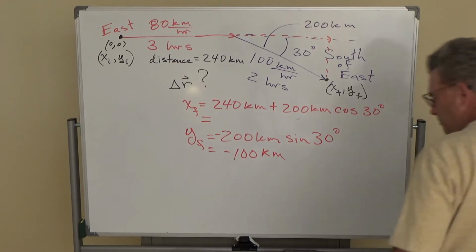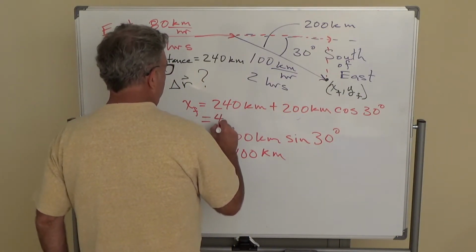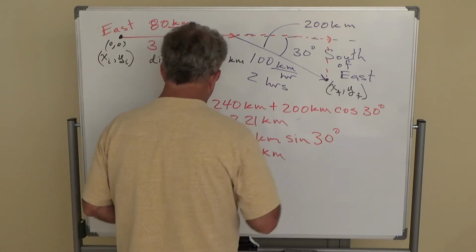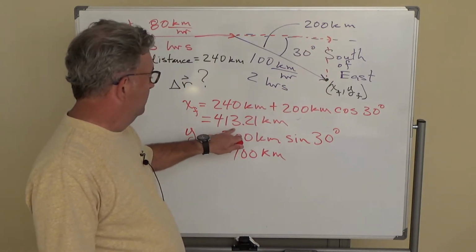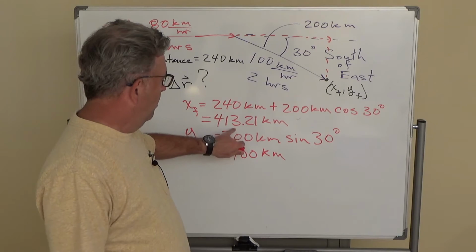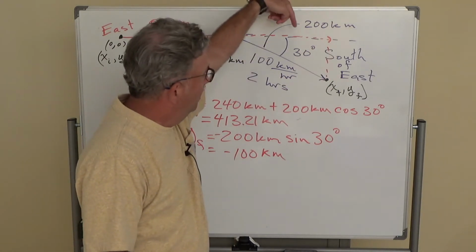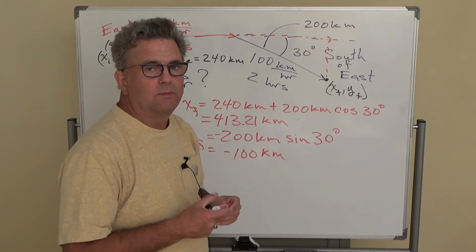That's what I got. Thank you. 413.21 kilometers. That's X final. You're out here at 400 and you travel 413.21 kilometers in the X direction, and negative 100 kilometers in the Y direction.